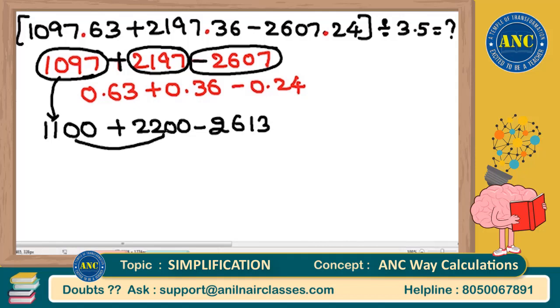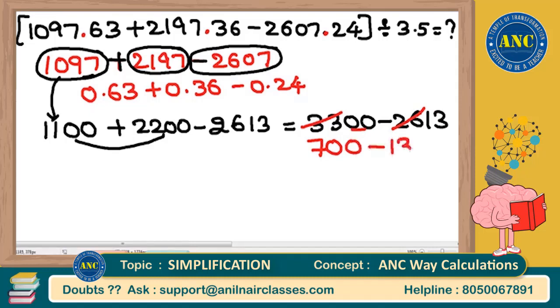1100 plus 2200 is 3300. From 3300, if I subtract 2613, now see here, 3300 minus 2613. Again, I don't want you to waste your time simplifying all these things. Can I say that 33 minus 26 is 7 followed by 2 zeros, which is 700?